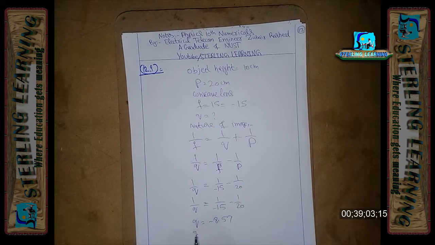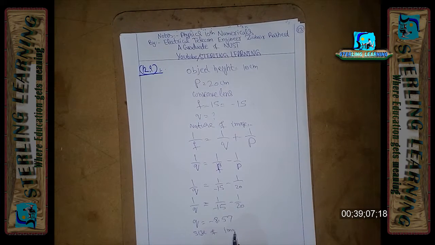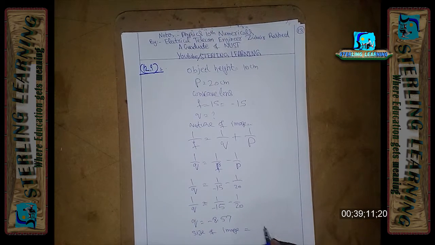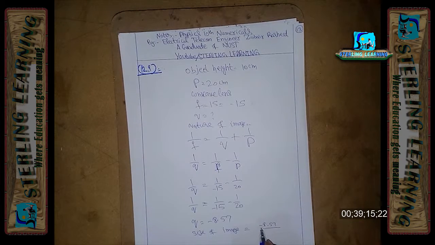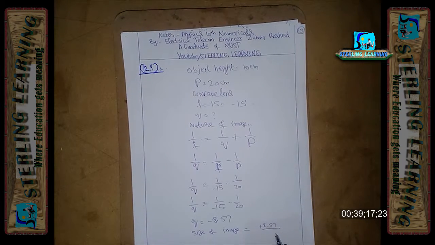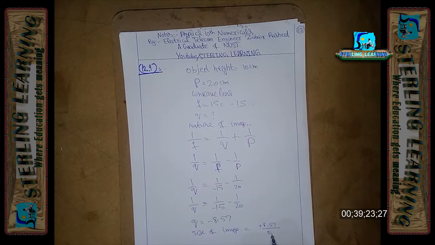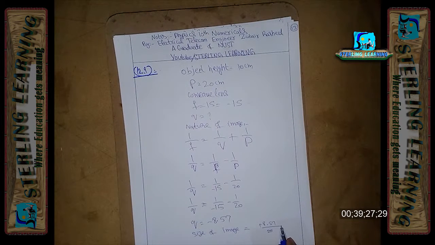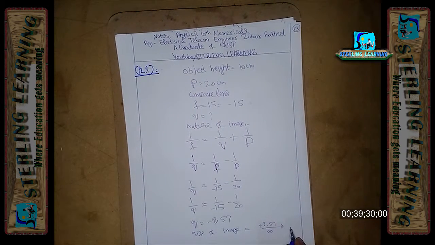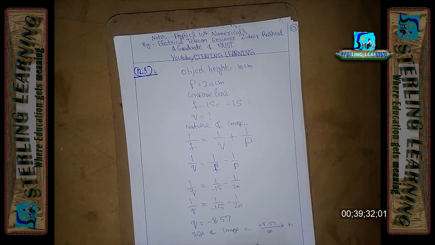And size of image, same formula, q over p: 8.57, ignoring the sign because size cannot be negative, size must be positive, over 20 into object size 10.